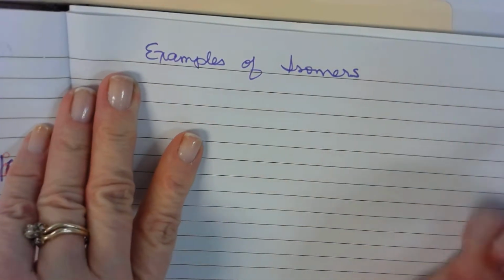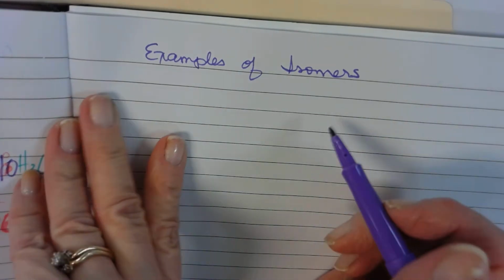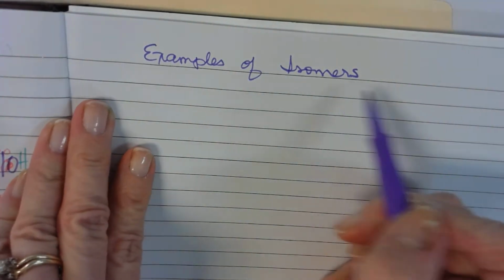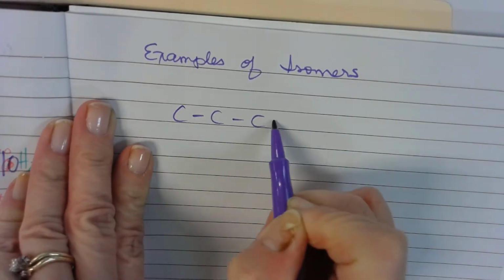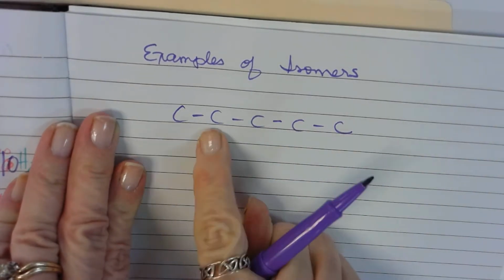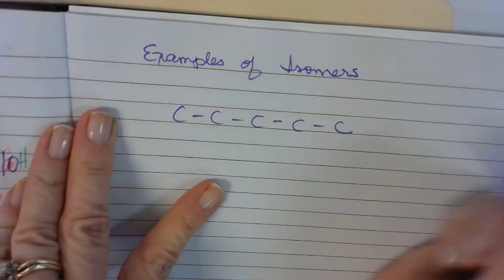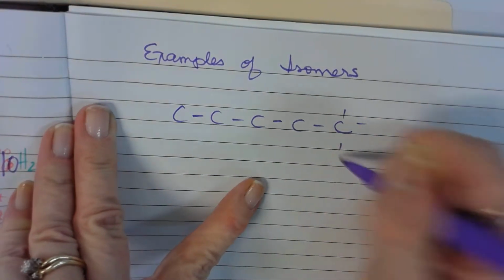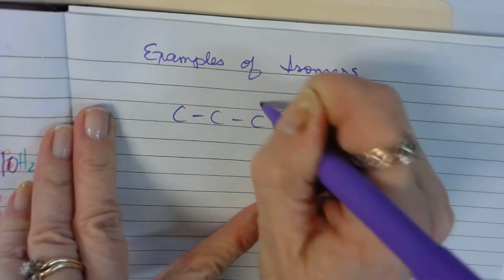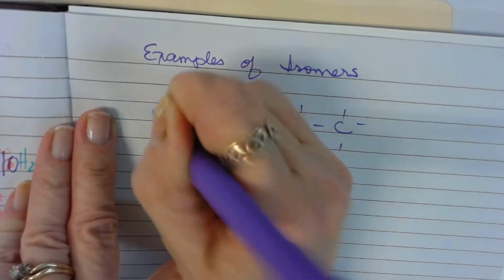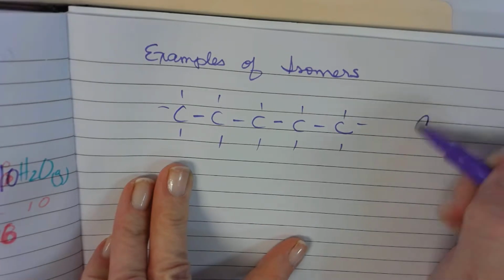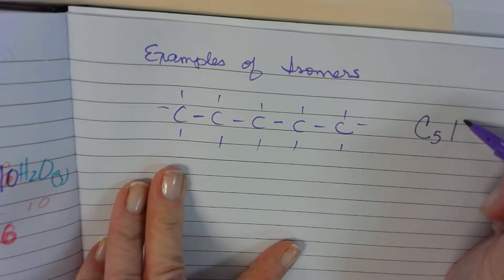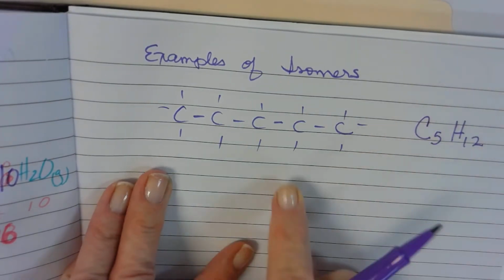So, isomers, I think once I explain this, it'll be kind of obvious. Let's say you've got 1, 2, 3, 4, 5 carbons that are lined up like this. That's going to be C5H12, right?